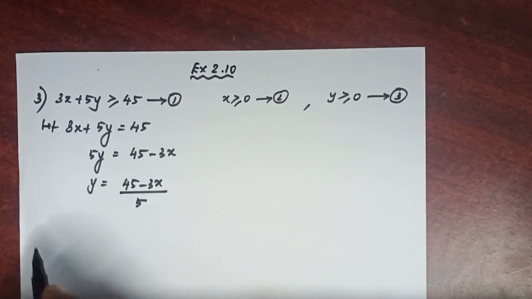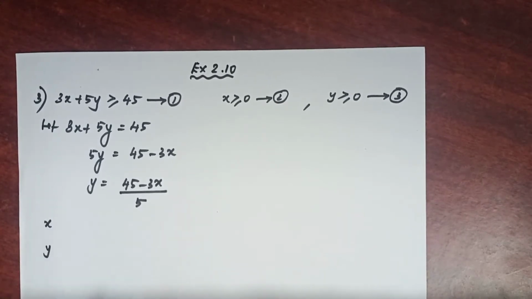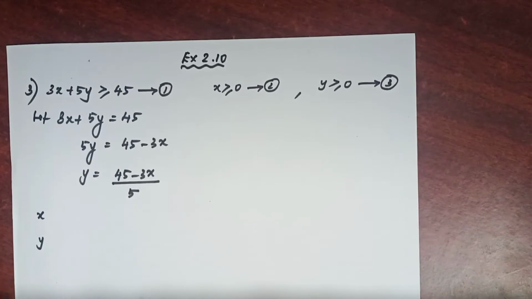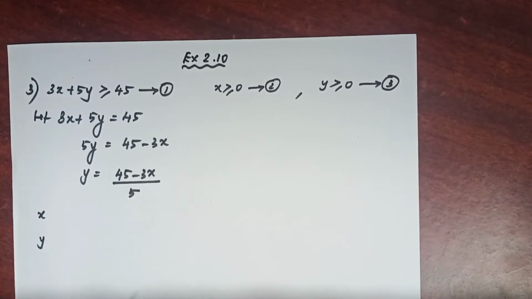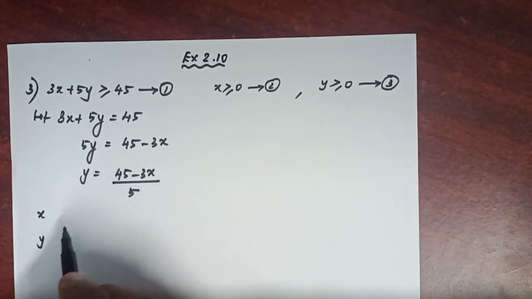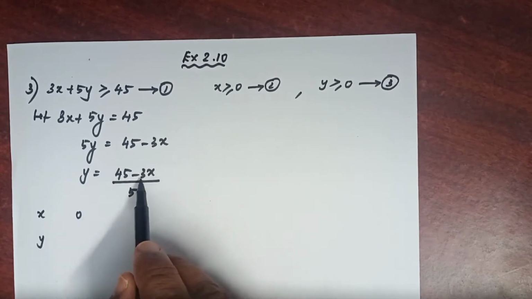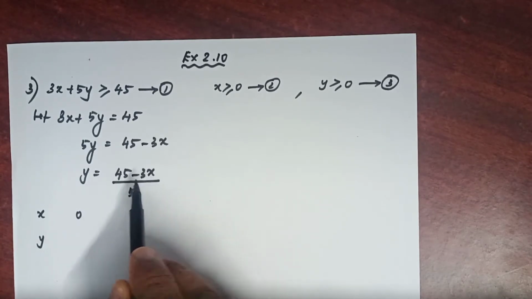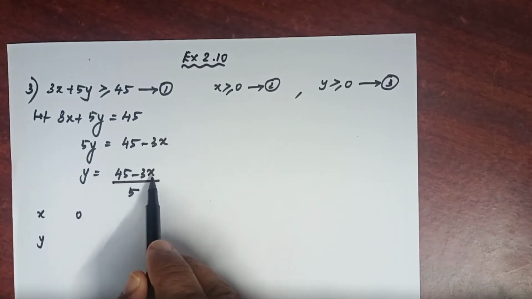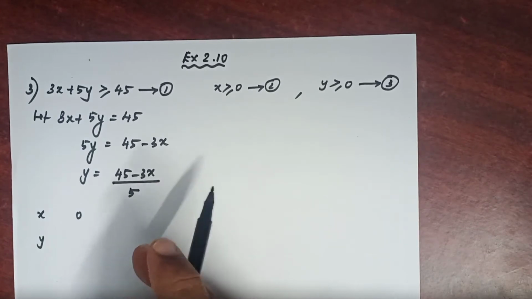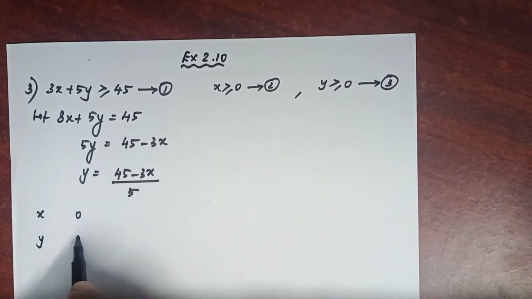Now for x and y, we need minimum 3 points for constructing a straight line. I take x equals 0. If we replace x by 0, 3 into 0 is 0, 45 minus 0 is 45, 45 divided by 5 is 9.